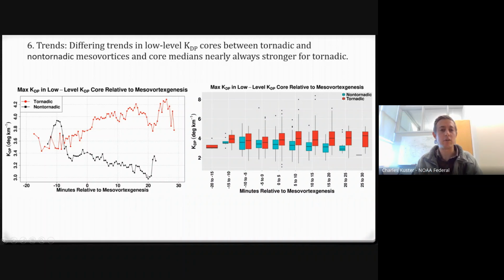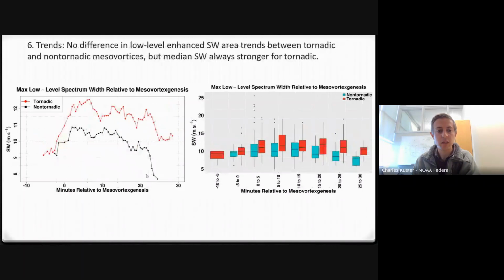So that's a difference in the trends that might, in and of itself, be a confidence builder. If you see a strengthening low-level KDP core and one that's stronger, that could be a good confidence builder, perhaps for anticipating a tornadic mesovortex.